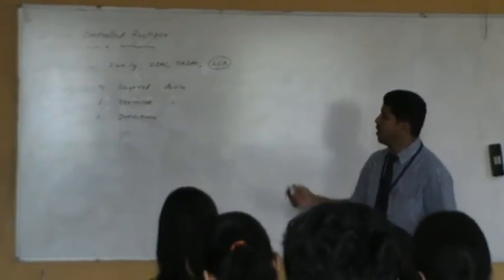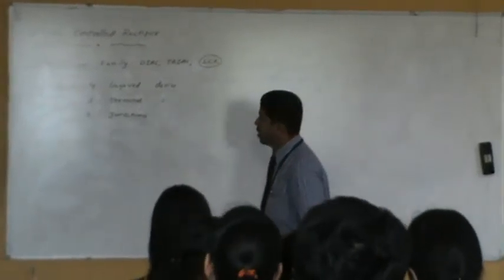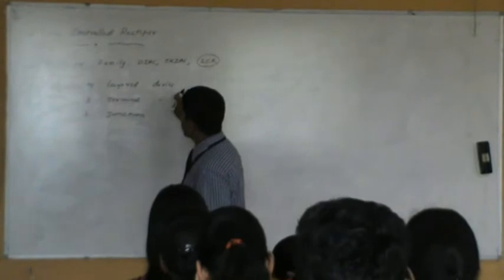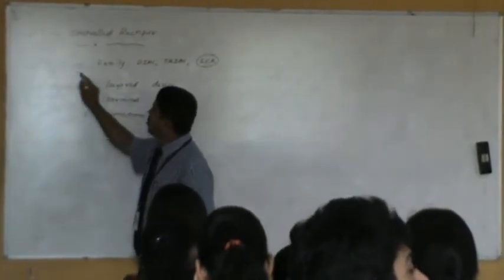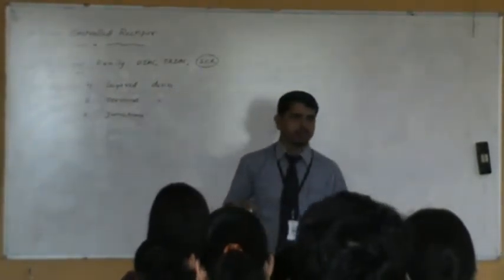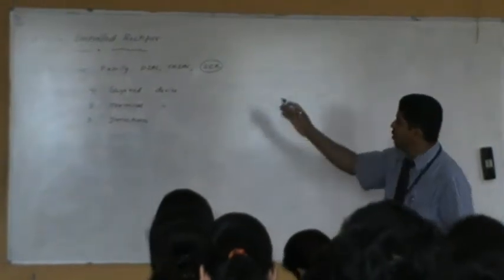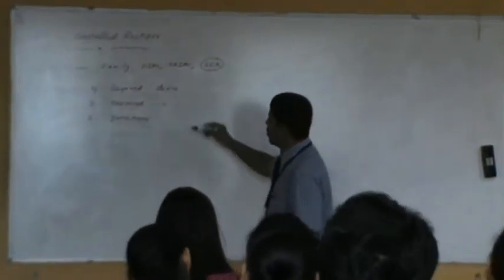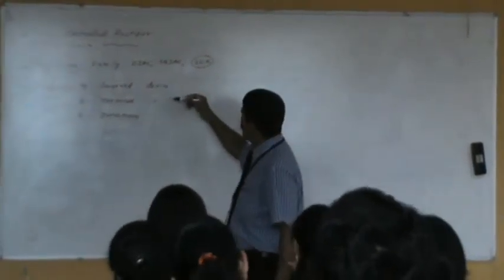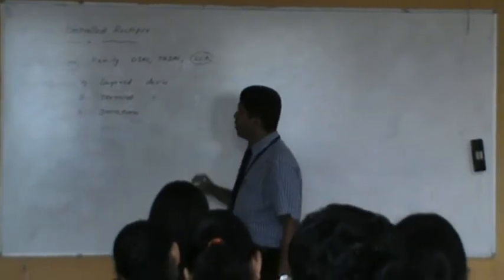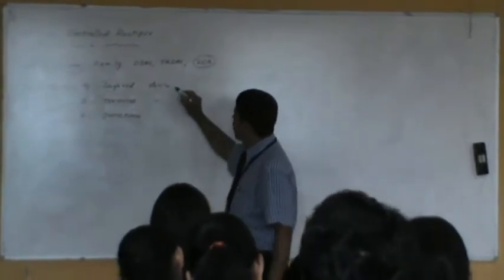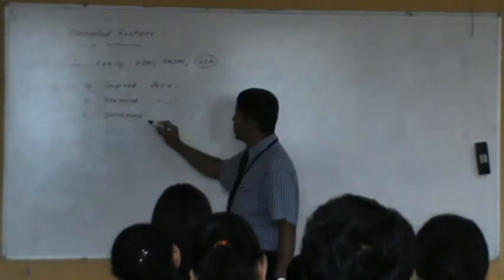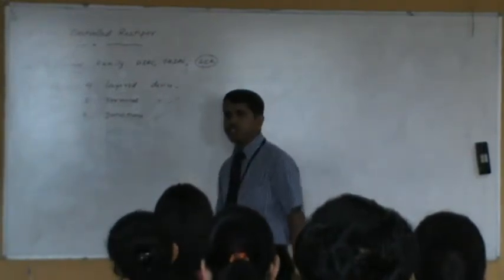So this is the definition of a silicon controlled rectifier. Any 4-layer device can be put under the thyristor family. All family devices of thyristor are made up of 4 layers. But especially if you look at the silicon controlled rectifier, it is a 4-layer device, a 3-terminal device, as well as it has got 3 junctions.